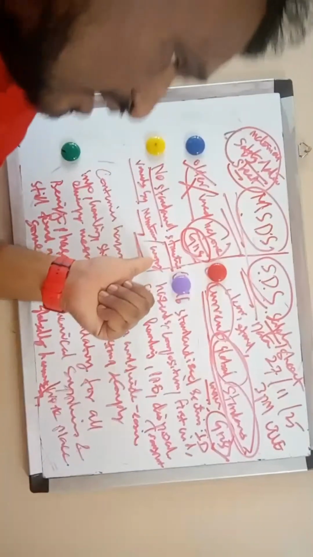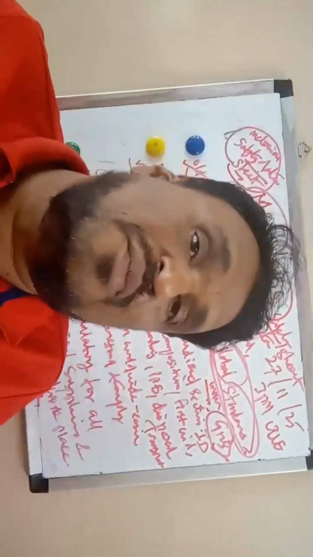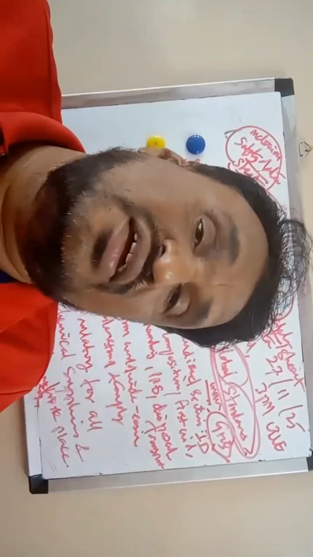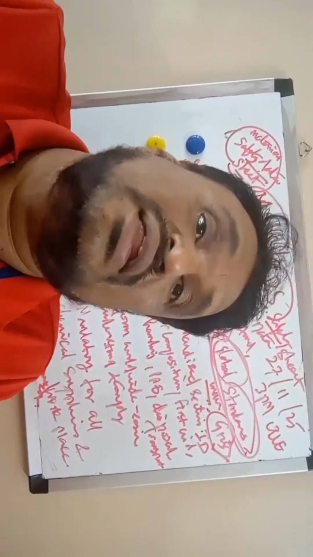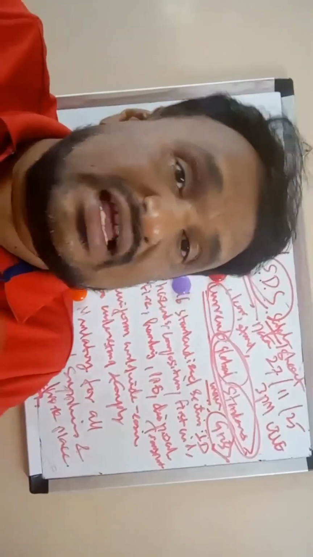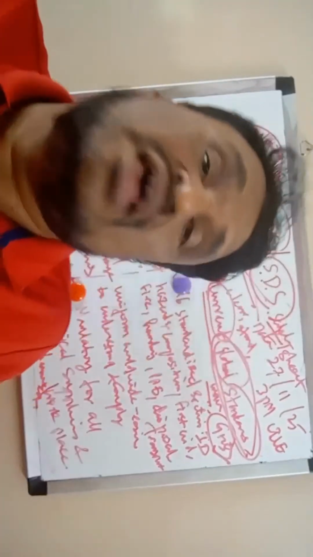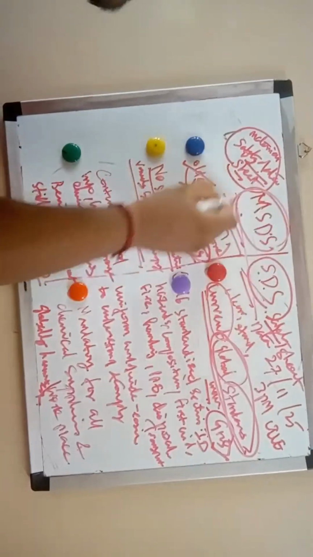The same goes for companies. For the same product, the material safety data sheet differs company by company. It differs manufacturer-wise and company-wise. So that is the old form of MSDS.